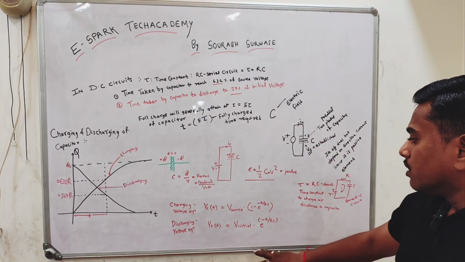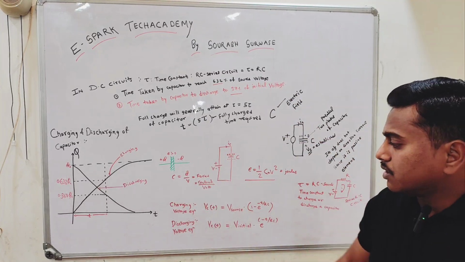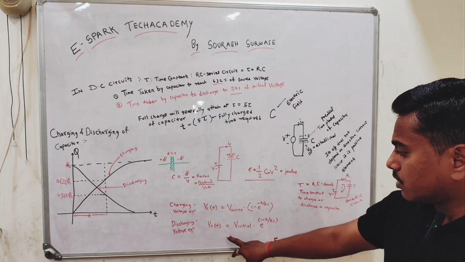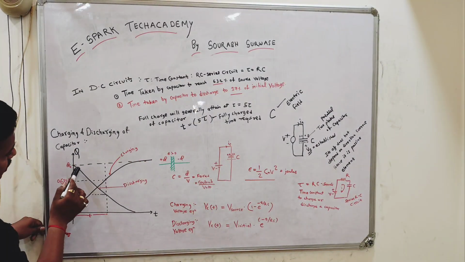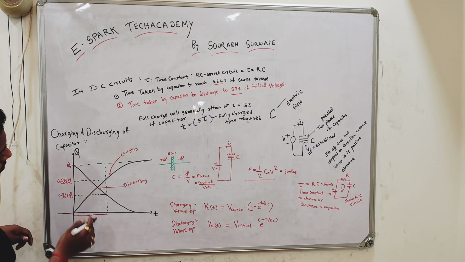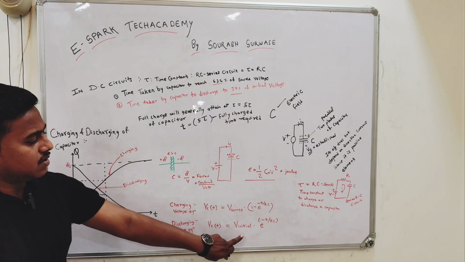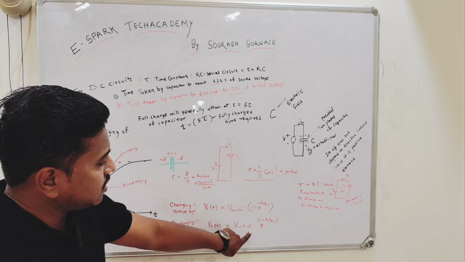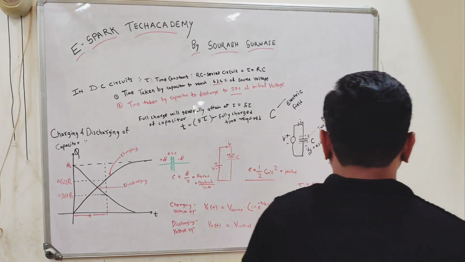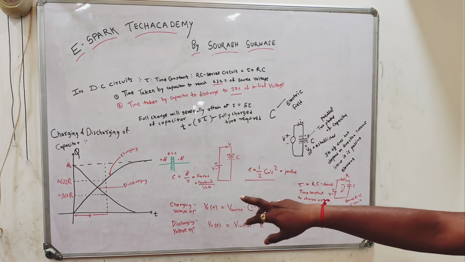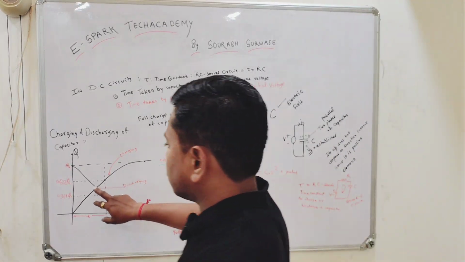In the same way, during discharging, it is an exponentially decaying figure. Its expression is given as V initial into e raised to minus t by RC. This is the discharging of the capacitor. Please note this figure very carefully and observe how it has been constructed.